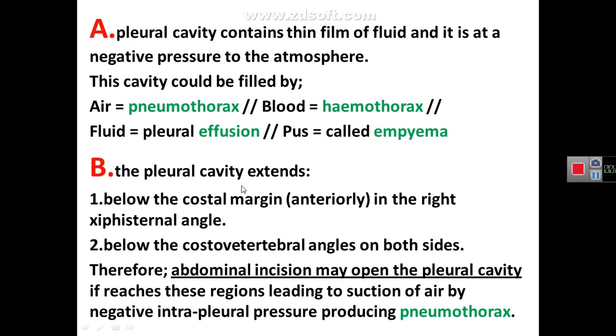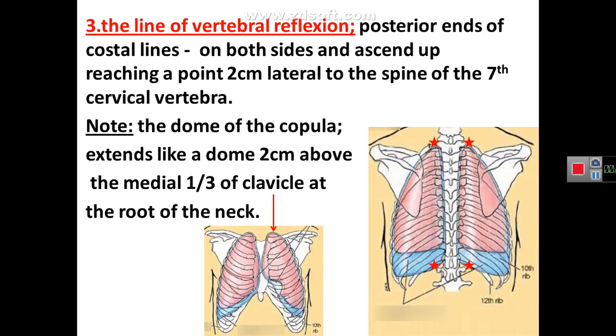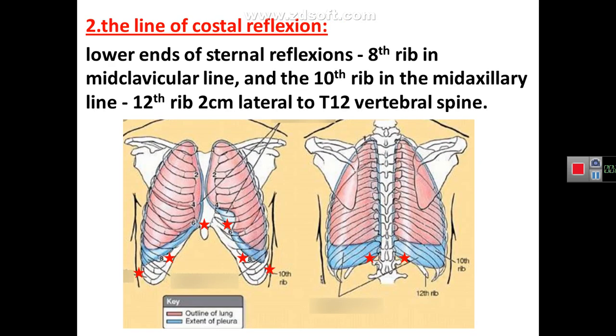So, in regard to the lines of reflection and their significance, sometimes we may have a wound for surgical purpose, and this wound may lead to injury to the pleura and pneumothorax. For example, you know this point? The point on the right side of the xiphisternal joint.